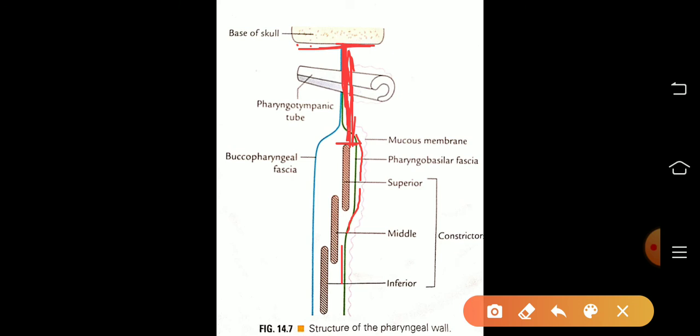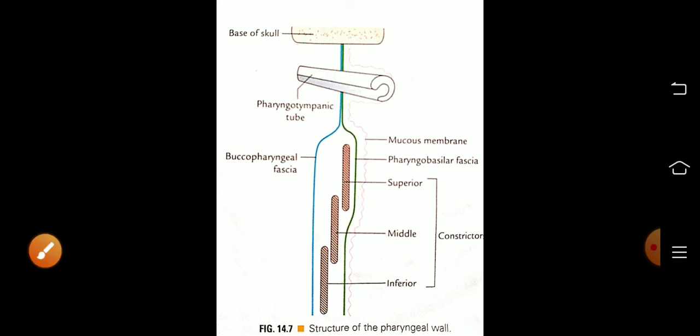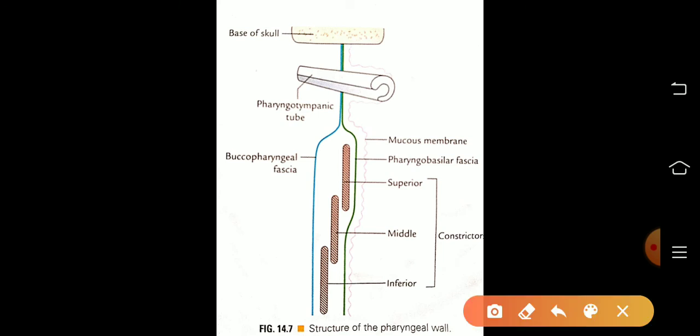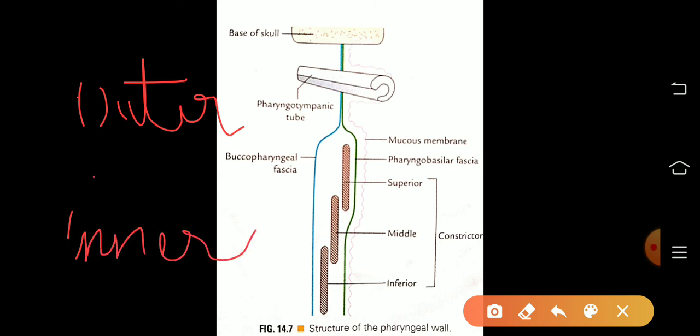Now we'll study the next part, the muscular coat. The muscular coat is a placement of the muscles. You can see two kinds of muscles, the outer muscles and inner muscles. The outer muscles are circular and the inner muscles are longitudinal.